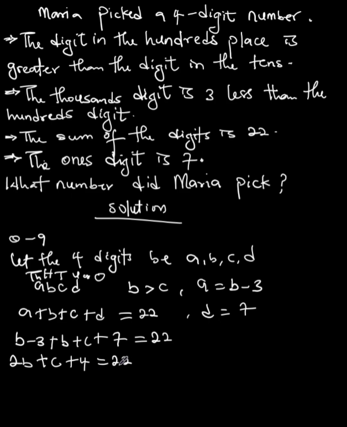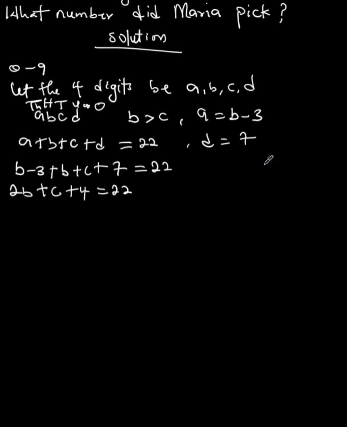The 4 can go to the other side, which means we subtract 4 from both sides. So we have 2B plus C on the left hand side equals 22 minus 4 on the right hand side. So 2B plus C will equal 18.